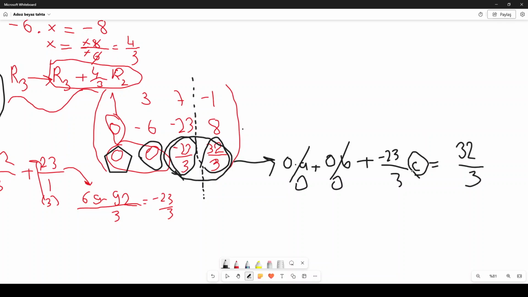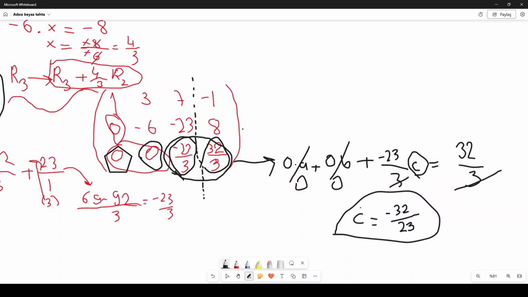We have only one unknown variable and one equation, and it's very simple to solve. The 3's are cancelled out. So what is the value of C? This is nothing but 32 over 23. This is the value of C. So now we know what the value of C is.